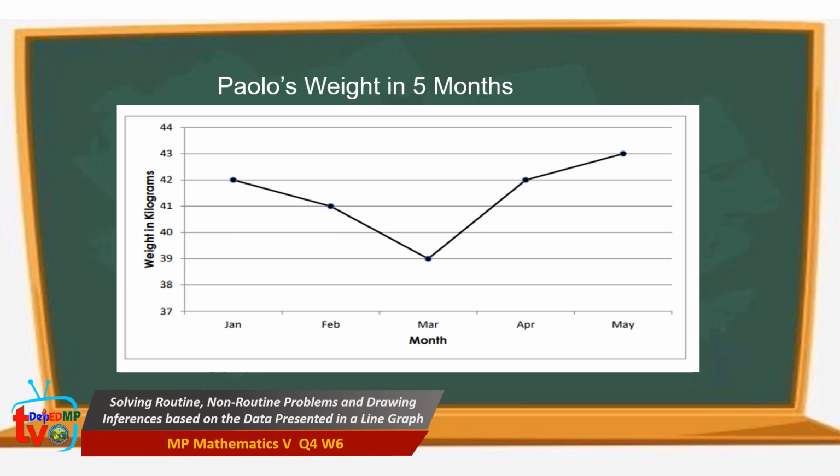In March, 39 kilograms. April, 42 kilograms. And in May, 43 kilograms.